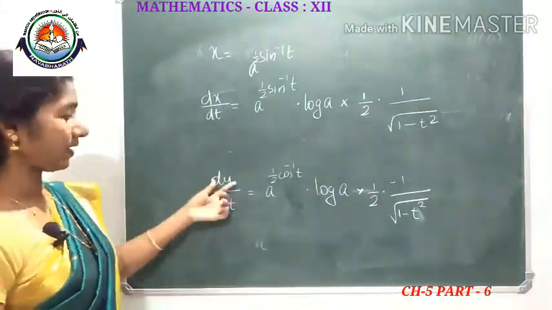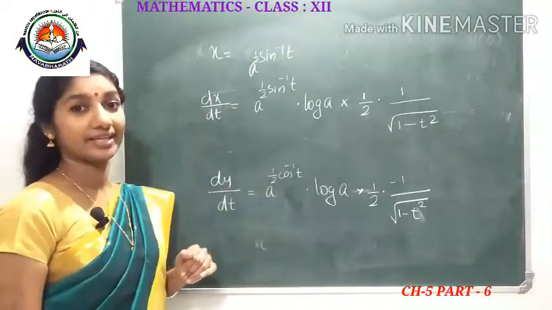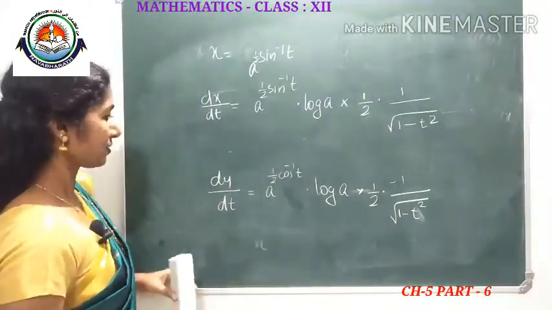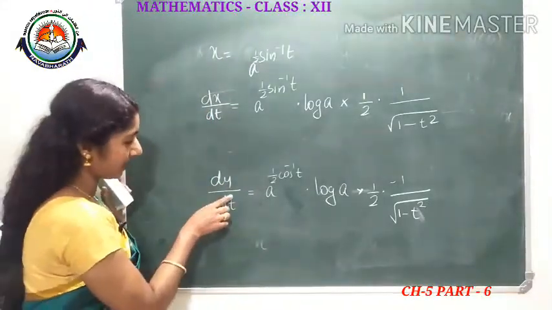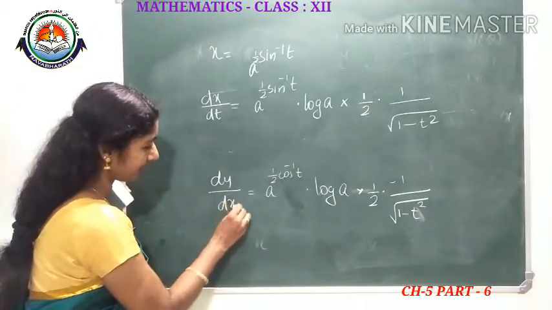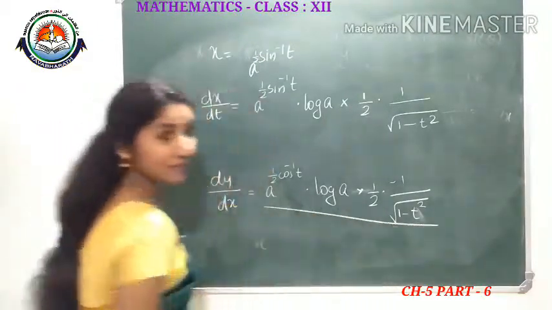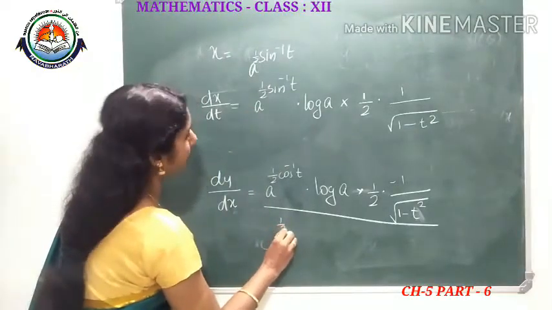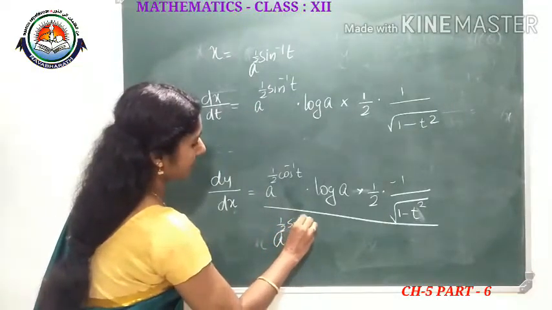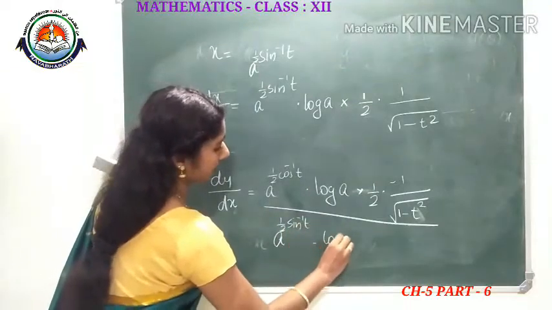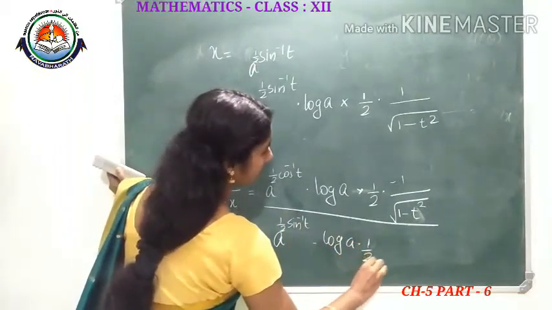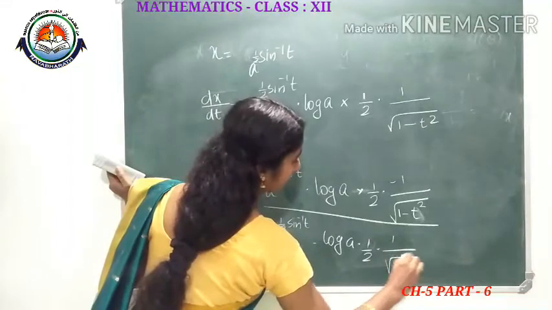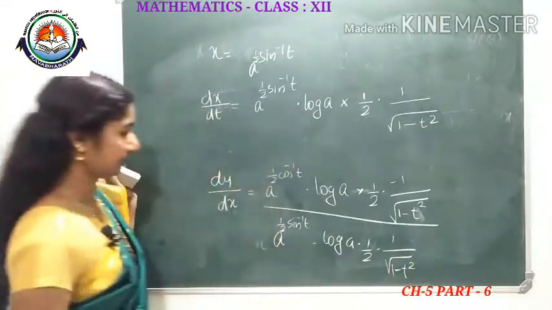Now we found dy by dt and dx by dt. Then we need dy by dx. To get dy by dx, dy by dt divided by dx by dt. dx by dt is a raised to 1 by 2 sin inverse t into log a into 1 by 2 into 1 by root of 1 minus t square.